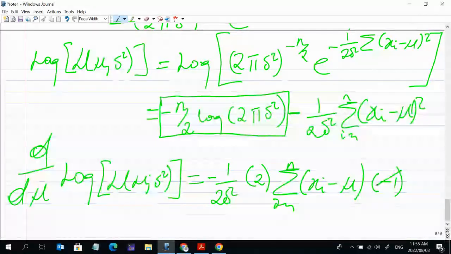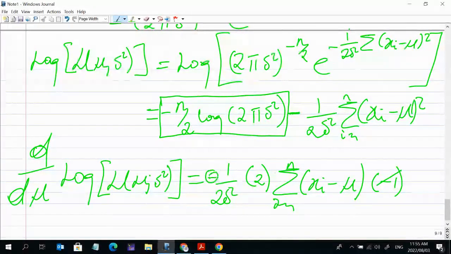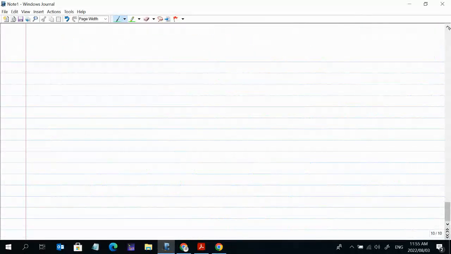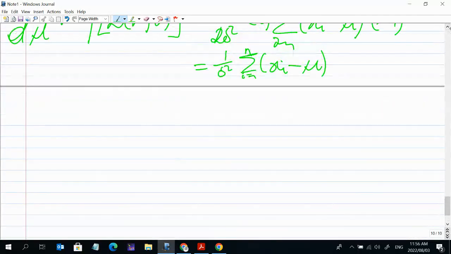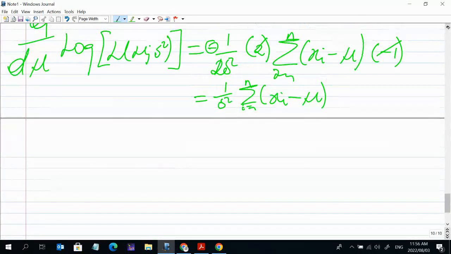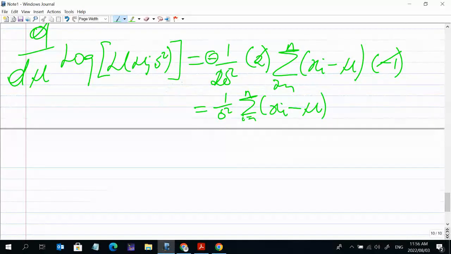So this minus will take care of this minus, and these two will take care of these two. So now we are left with 1 over sigma squared summation of xi minus mu. So that's what we are having. Again, we have to equate the derivative to 0 and solve for the parameter.